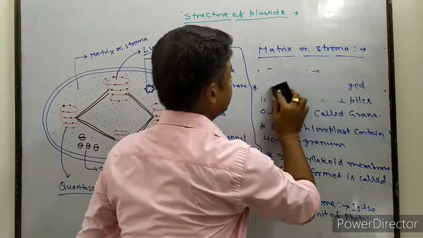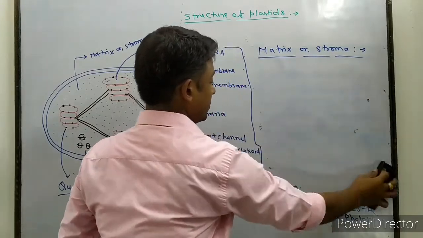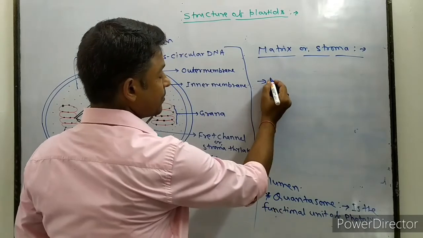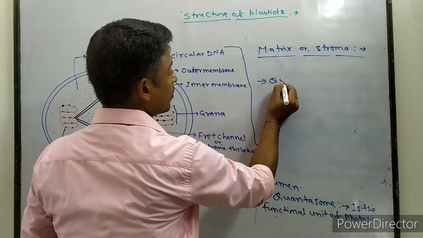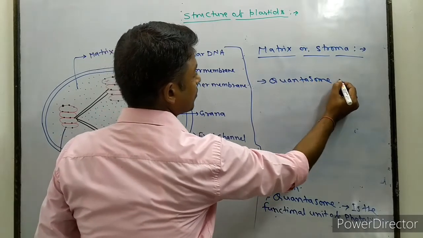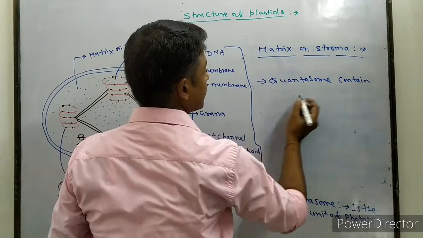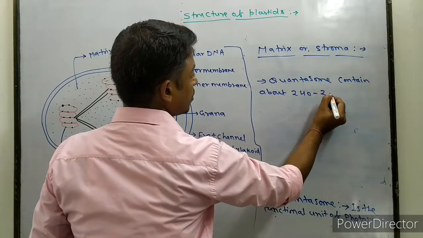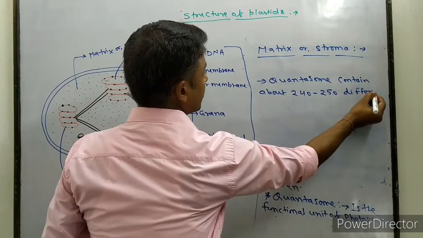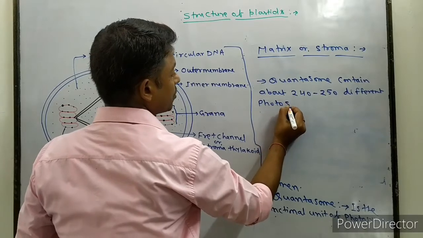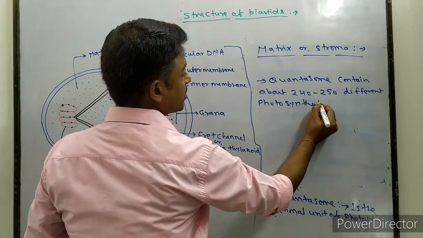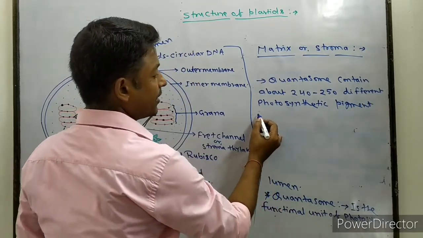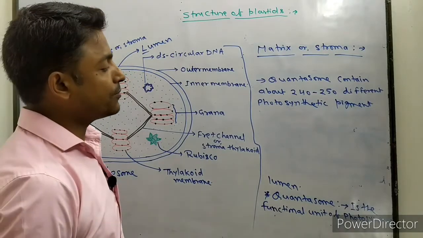Next, quantosome contains about 240 to 250 different types of photosynthetic pigment.